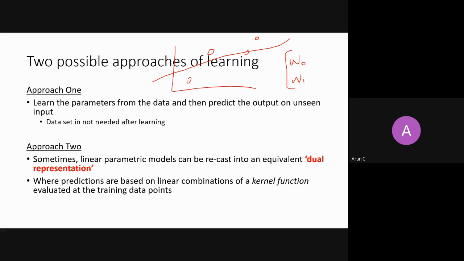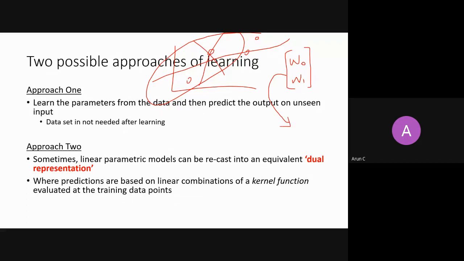Now what you can do is throw this data set away, because it is no more needed. All these samples which were available in the training set are no longer needed. You use only these two values, which are the summarized information of your data set.